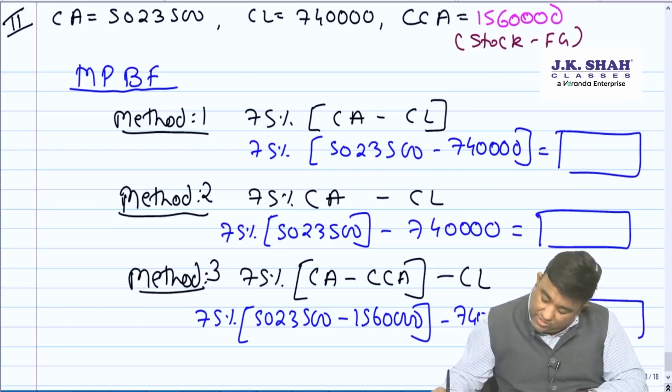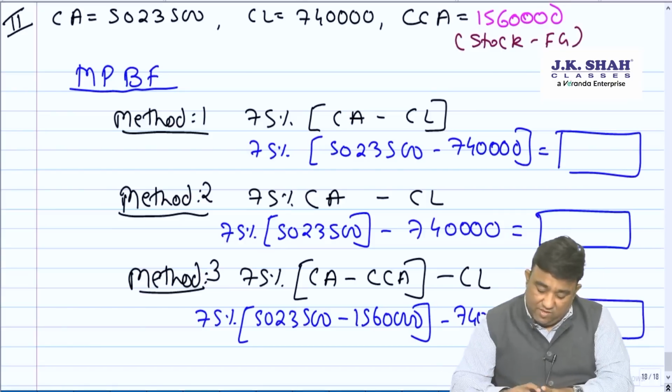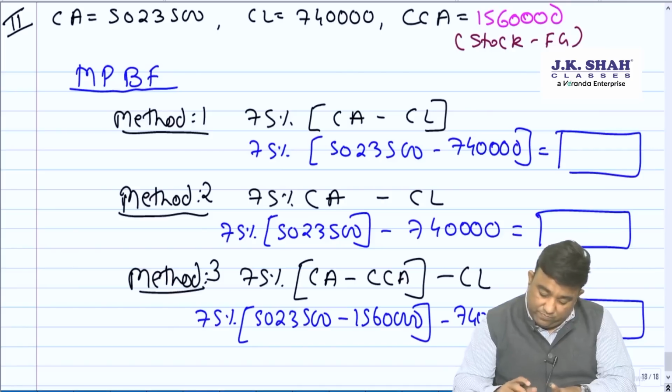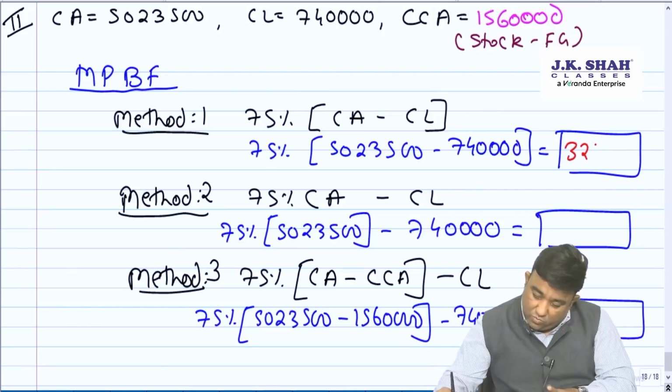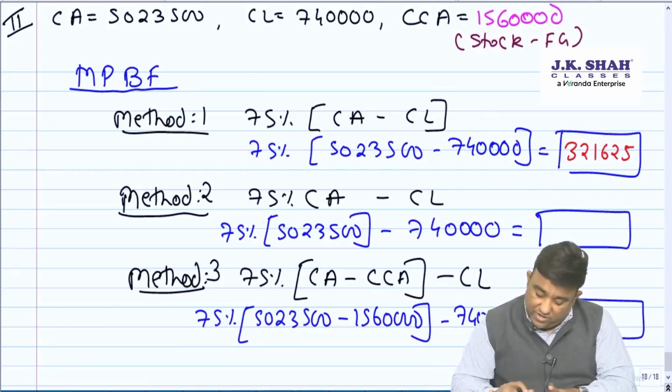Can I compute this? Yes. Let us have a final answer ready. 50 lakh 23,500 minus 7 lakh 40,000 into 75% is 321,625. 50 lakh 23,500 into 75% minus 7 lakh 40,000 is 302,765.